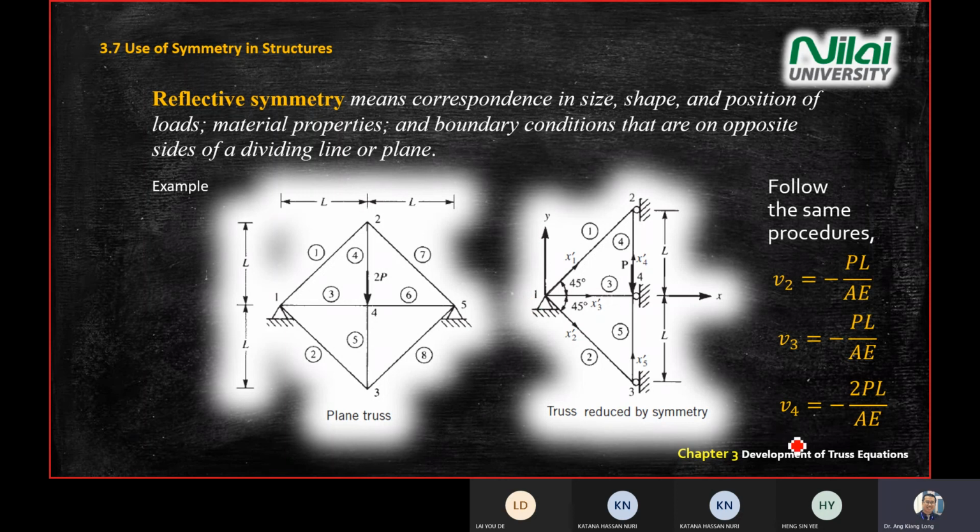If you follow the same previous strategy to solve for displacement according to the boundary conditions that we have here, you will arrive at all these equations. This is just an illustration when you try to solve with the previous procedure that we learned.